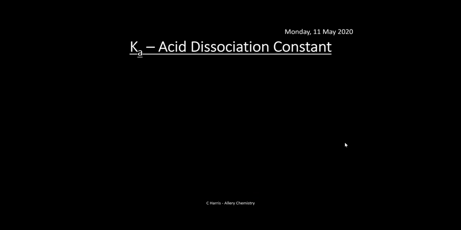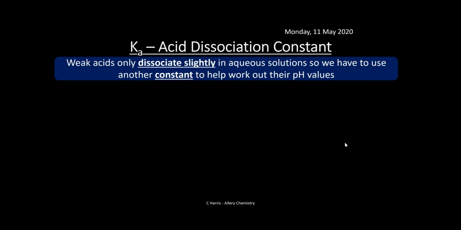Okay, so let's look at Ka. It's an acid dissociation constant. Ka is used when we have a weak acid. We've looked at the equations for a strong acid, and a strong acid is dead straightforward. We use that pH equation. But weak acids only dissociate slightly, and they do it in aqueous solutions, so we have to use another constant to work out their pH values.